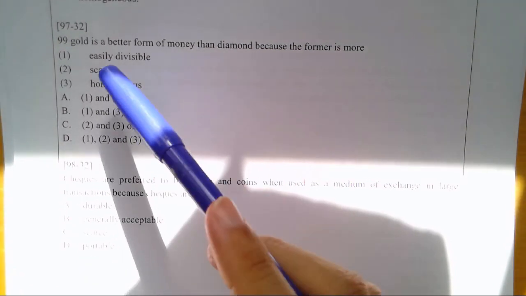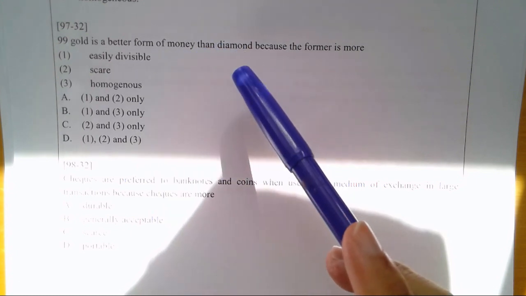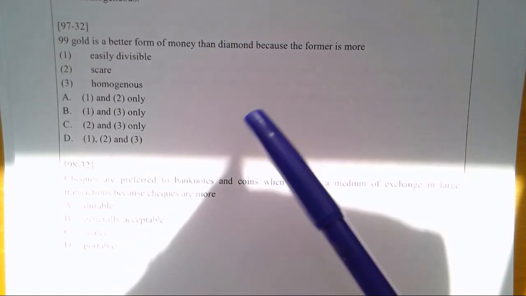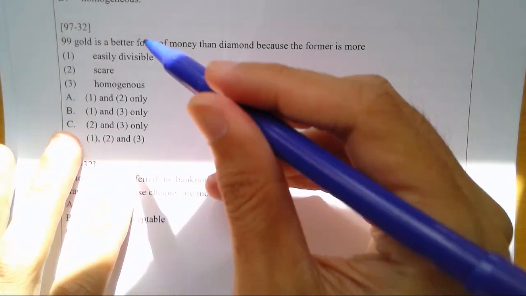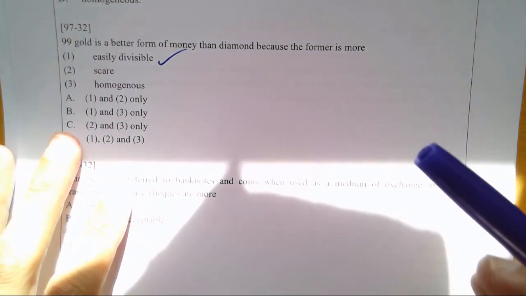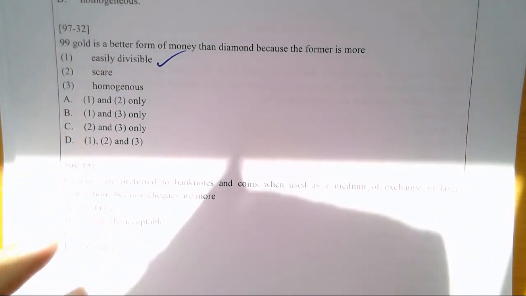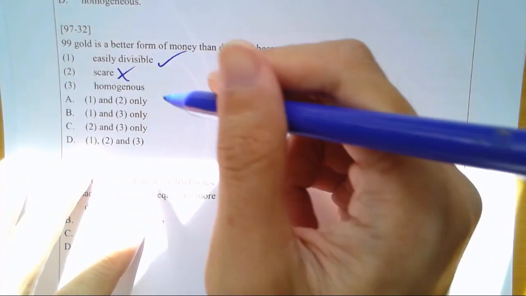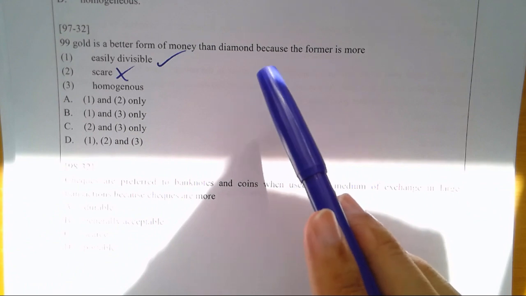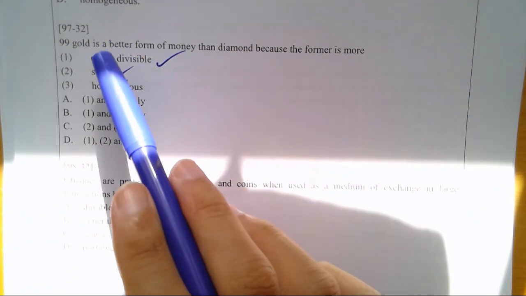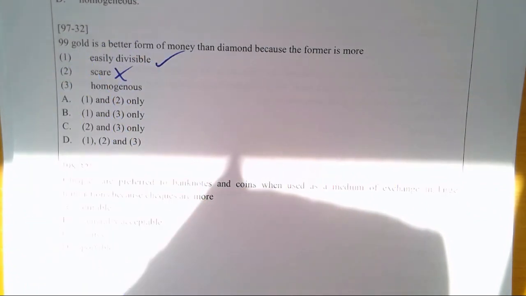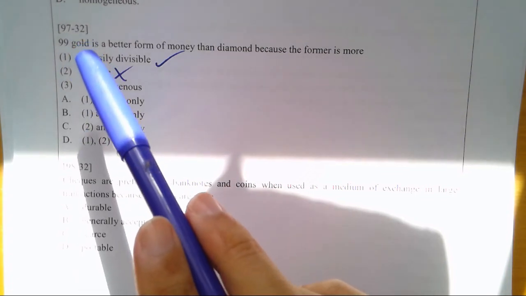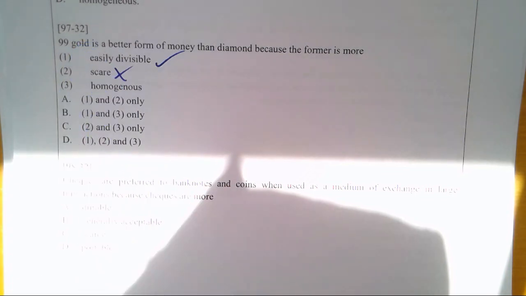So next one, let's go to the next one. Here, gold is better than diamond because the former is, first of all, easily divisible. You know, diamond is not easy to cut up. Now scarce, I would actually put a question mark here. I think diamond is actually way more scarce than gold. Now I've asked your chemistry teachers, and they already verified.